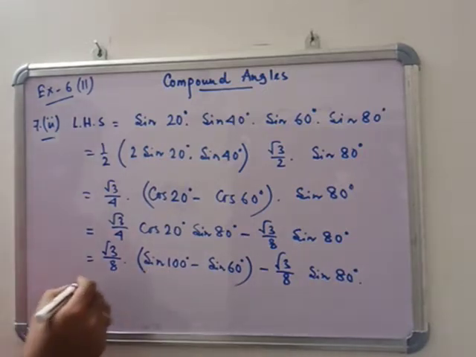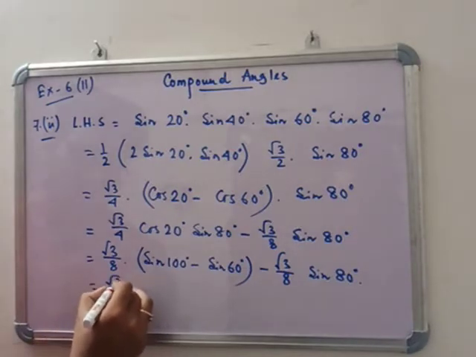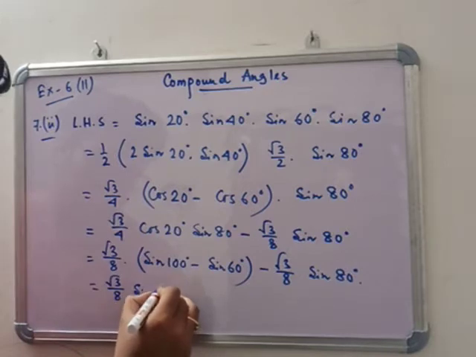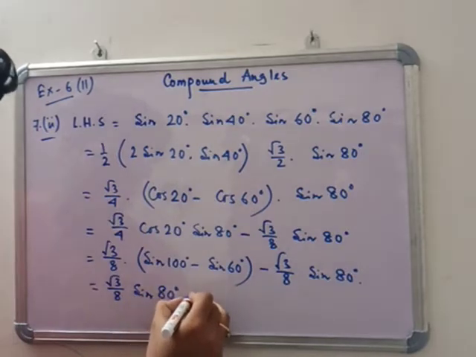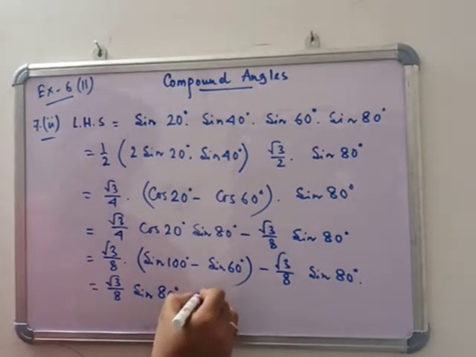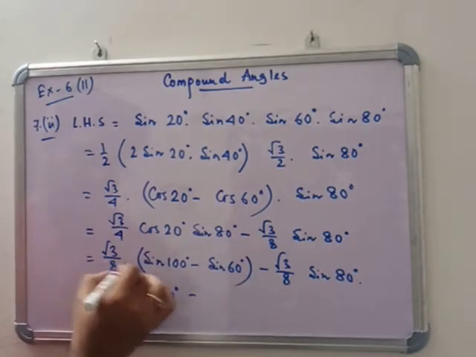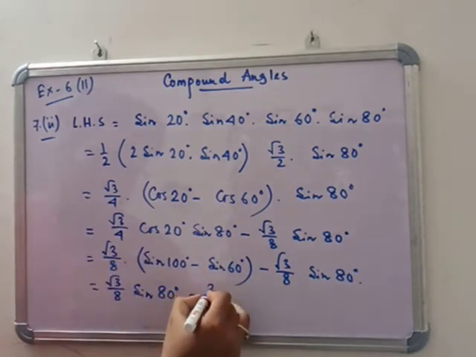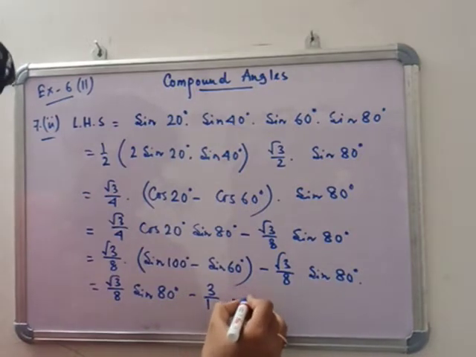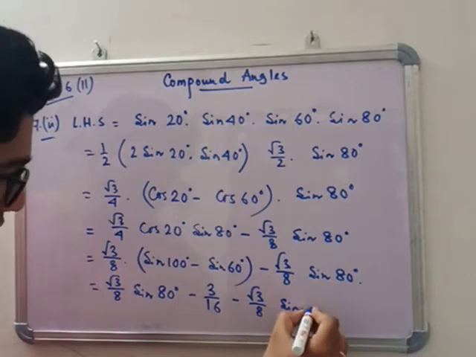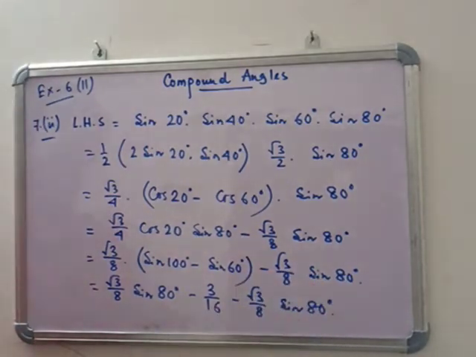Okay. So that means root 3 by 8 sine 80 degree minus sine 60 means root 3 by 2, root 3 by 2 into root 3 by 8, that means 3 by 16 minus root 3 by 8 sine 80. Okay.